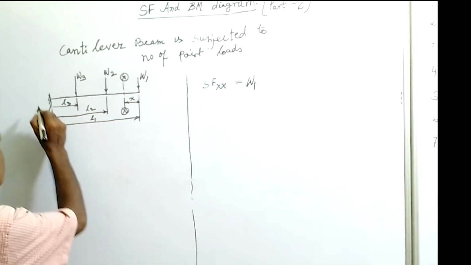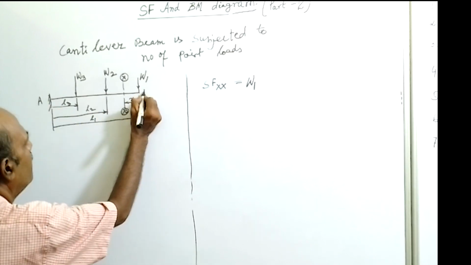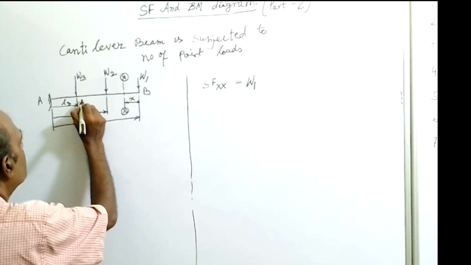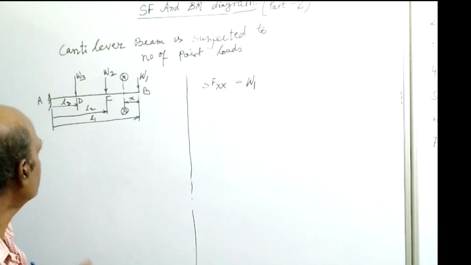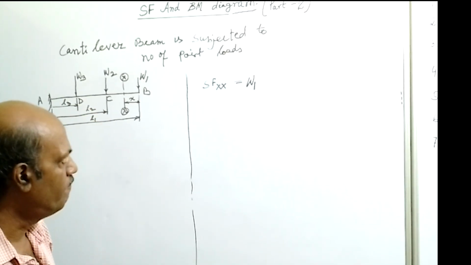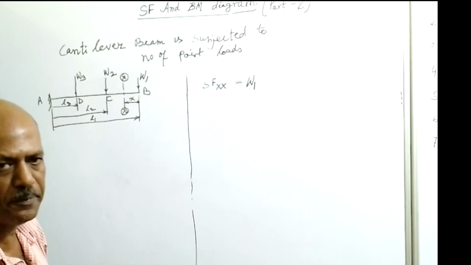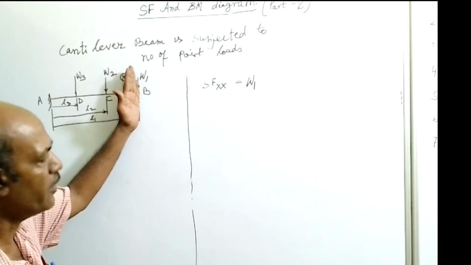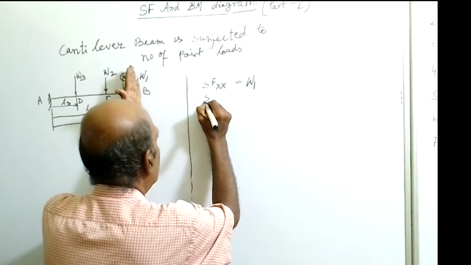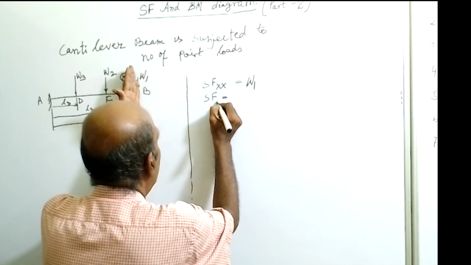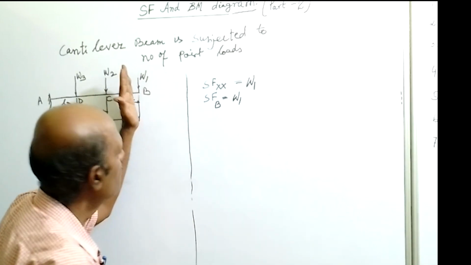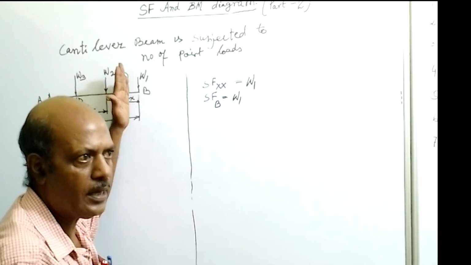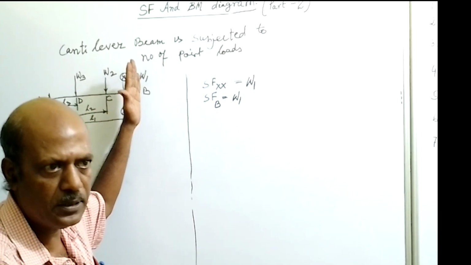Now we will give the names. Say AB is the beam and this point is C, this point is D. Now slide the section to point B. The shear force at point B will be W1 only, because the vertical load acting to the right side of the section is W1.